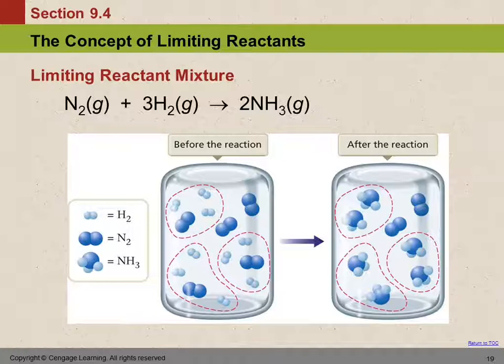Is that because of variations in measuring? Yeah, if you go to the particulate level and actually look at individual molecules, the chances of you being able to get exactly the right number of molecules of each substance together is highly unlikely.